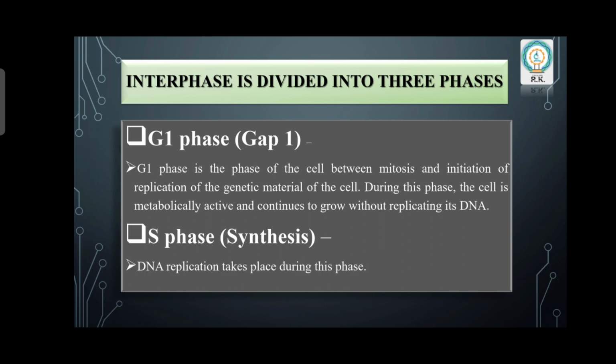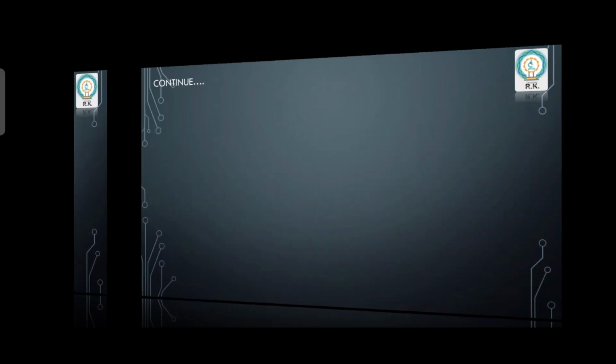Since the parent has only one set of 23 pairs, which is basically 46 chromosomes, it cannot give that to both the daughter cells. So in that case, it is necessary to make a copy of the 46 chromosomes. Let's say a photocopy must be done in order to give 46 chromosomes to each of the daughter cells. This is what happens in DNA replication: a photocopy of the 46 chromosomes.